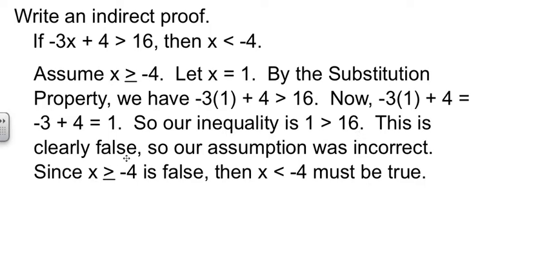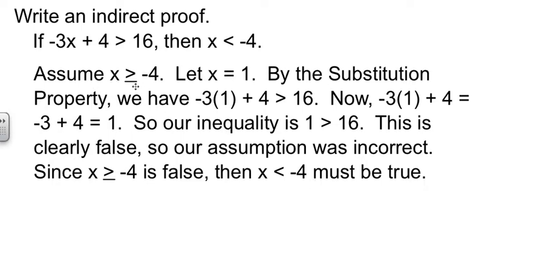Well, we've gotten to a false statement. How did we get there? Starting from assuming x was greater than or equal to negative 4. Well, if our assumption is incorrect, then since x greater than or equal to negative 4 is a false thing, the only other possibility is x less than negative 4 has to be true.